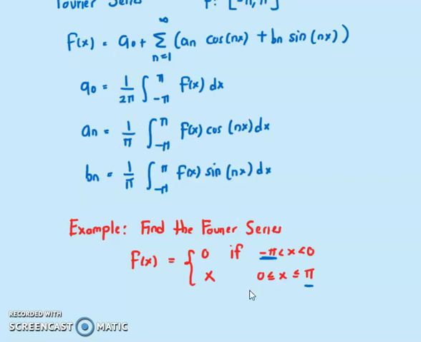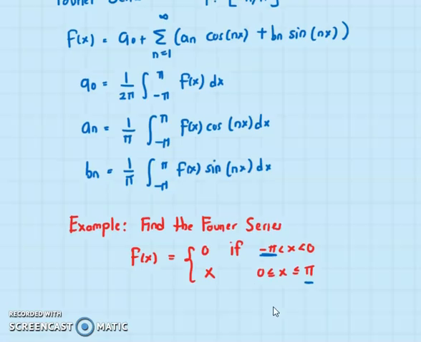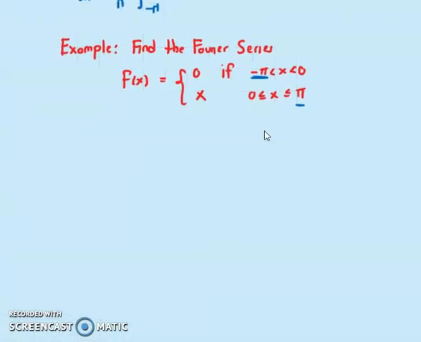Okay, so if you look at this again, from negative pi to 0 it is 0, and then from 0 to pi we have x. Okay, so we want to find a naught.